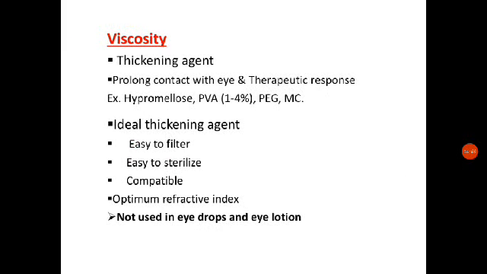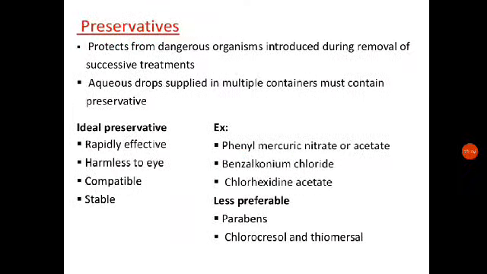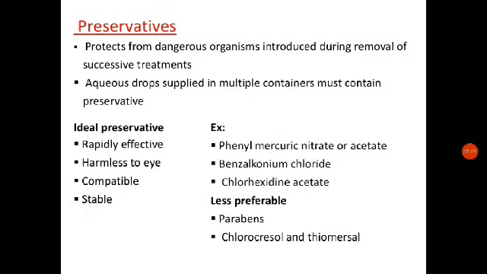Viscosity: some viscosity building agents are there in all the parenteral products, like polyvinyl alcohol, polyethylene glycol, microcrystalline cellulose, etc. And preservatives commonly include phenyl mercuric nitrate and acetate, benzalkonium chloride, chlorhexidine acetate, etc. Parabens are less preferred. Anyway, sodium benzoate, chlorocresol, thiomersal, etc. can be used also.